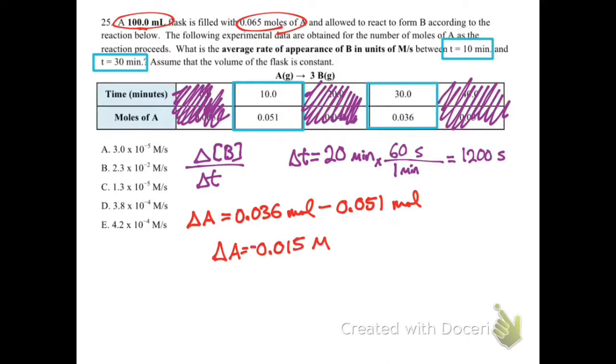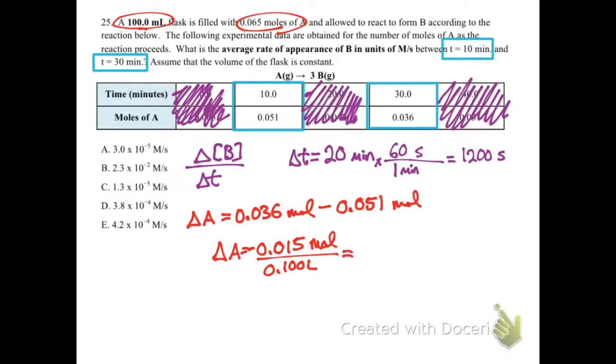And that's negative just to show that it's disappearing. But rates never have negative signs in them, so you would just say that it's the 0.015 that disappeared. Sorry, 0.015 moles, not molar. We have not converted it into molarity yet. But now let's do that. So this is divided by the 0.100 liters that we have.